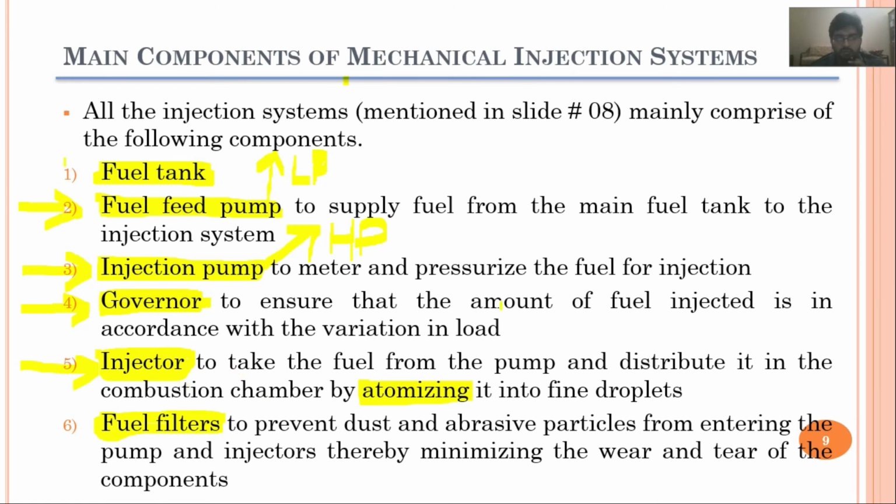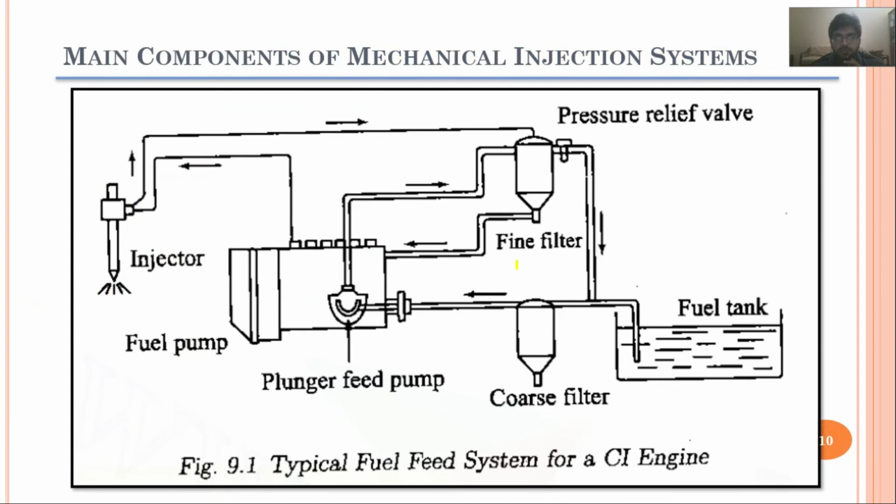Now we are moving towards the schematic of this mechanical injection system. This is the typical schematic of the fuel feed system for the CI engine.